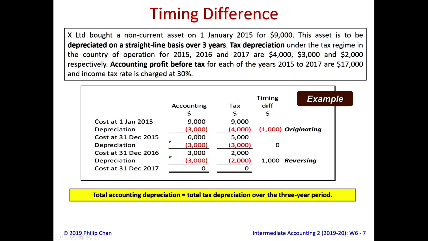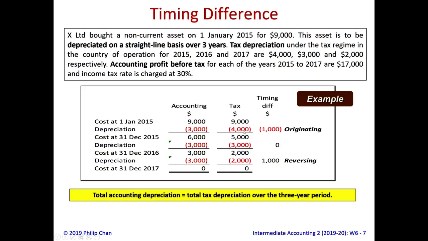Also, one more thing is, because of the magnitude of the depreciation difference, accounting depreciation 3,000 in the year 2015 versus the tax depreciation 4,000 in the year of 2015, if other things are equal like sales and expenses, except that depreciation are different, then you can expect that the accounting profit in the year 2015 should be what?